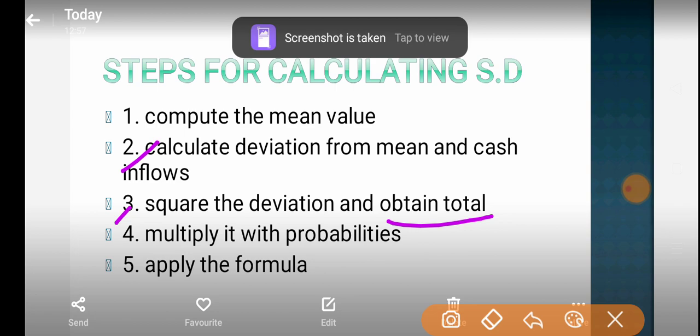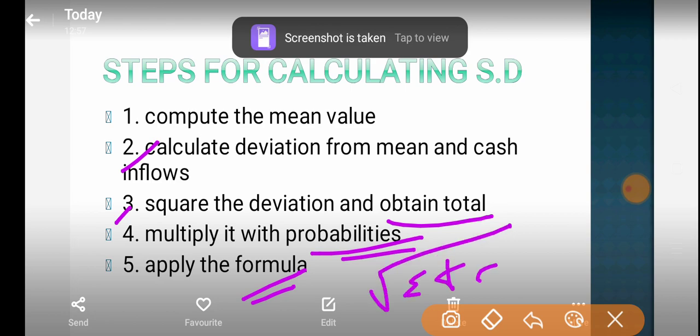Then the fourth stage is to multiply it with probability. Then apply the following formula. The formula is the square root of sigma fd square.